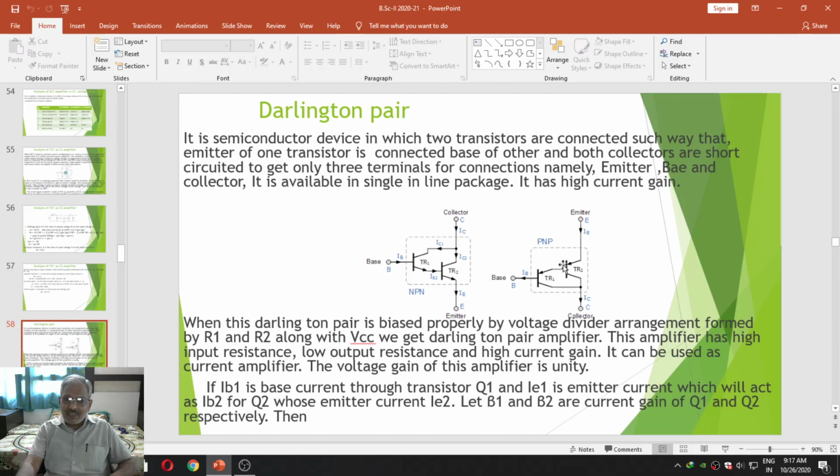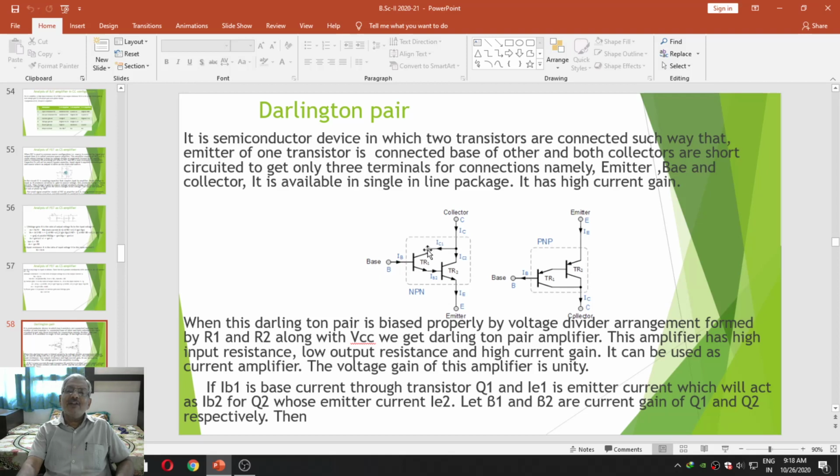Such a Darlington pair is represented in this particular figure. This figure represents the two transistors. Obviously, if you look at the arrows on the respective emitter terminals, they are outward. That's why both the transistors are NPN type. Here, the emitter of transistor 1 is connected to the base of transistor 2.